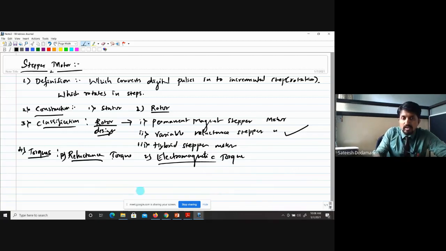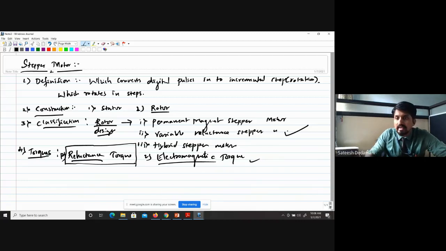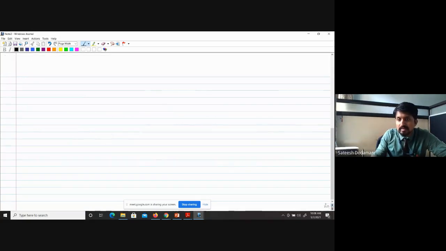What is reluctance torque and what is electromagnetic torque, I explained in the last class. Once you understand reluctance torque, you can easily understand the variable reluctance stepper motor. That is why I explained reluctance torque. Now let me move to this particular motor, the variable reluctance stepper motor, because it is mentioned in your syllabus.